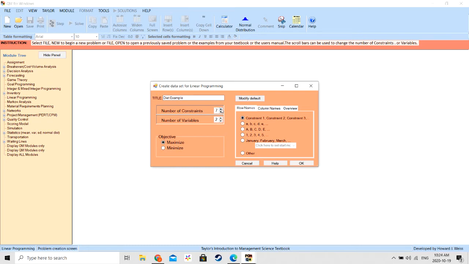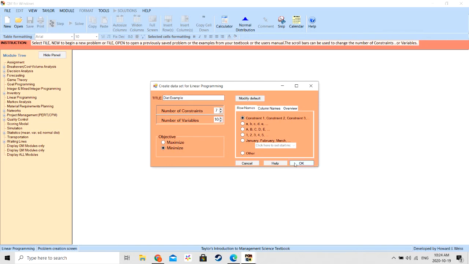I also mentioned that we're trying to minimize our costs while still meeting dietary requirements. We have 10 different choices in terms of our decision variables, 10 different possible breakfast choices. Once we've set everything up like this, we can move to the next level.